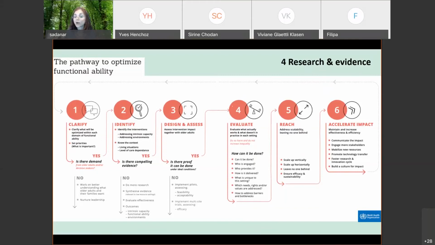We also need to ensure that these interventions don't only reach those in the middle, or are not only targeted to those who are, let's say, the worst off. Remember that distribution of hand grip strength. We want to be able to shift the distributions in a positive way.